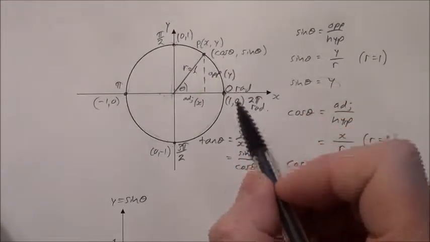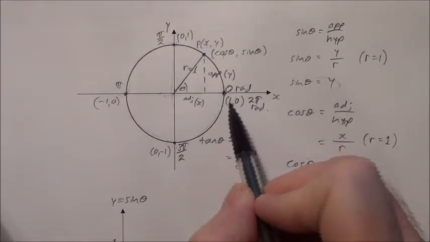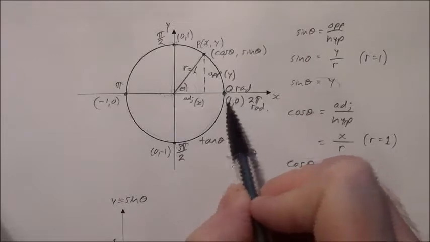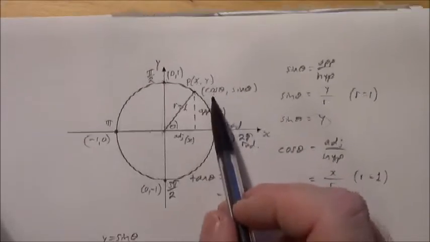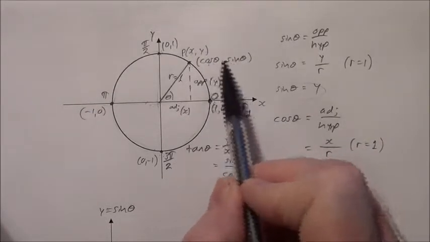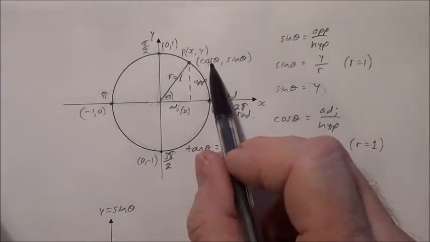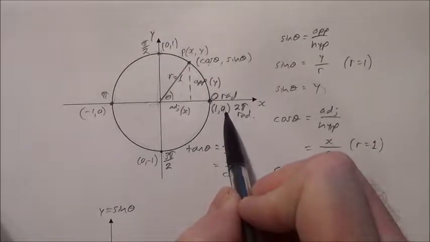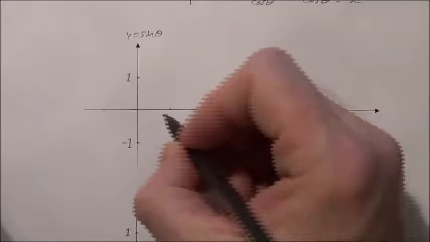So if I know that at 0 radians the point here has coordinates 1, 0, and I know that the coordinates are cosine theta and sine theta, then at 0 radians, cosine theta equals 1, sine theta equals 0. So if I look down here, I'm going to break this circle up into those 5 main points.